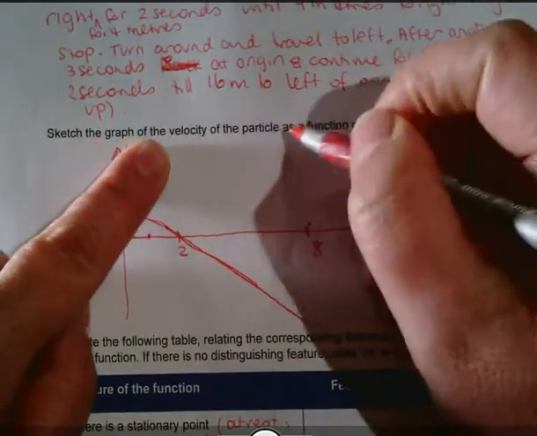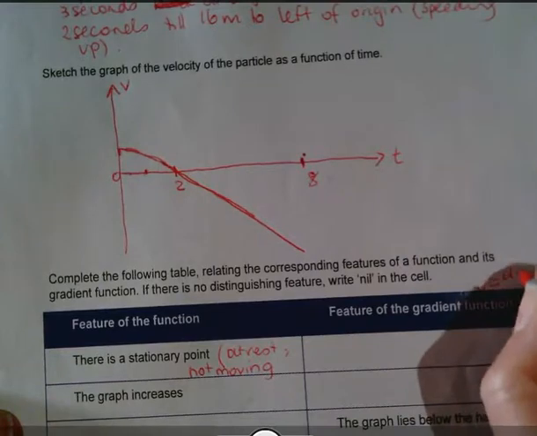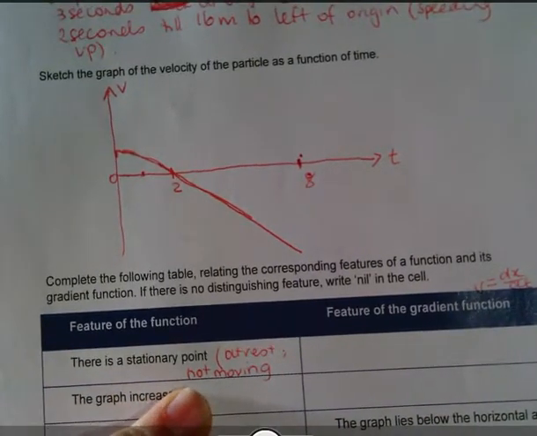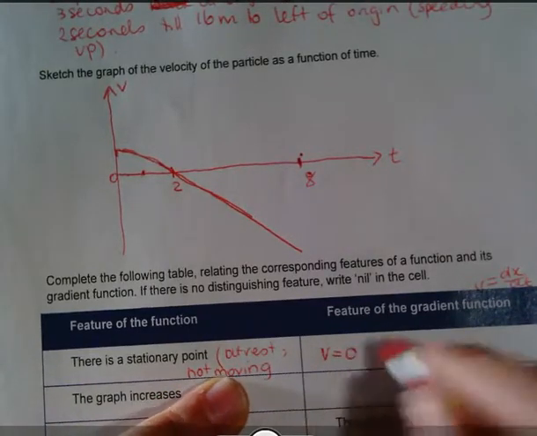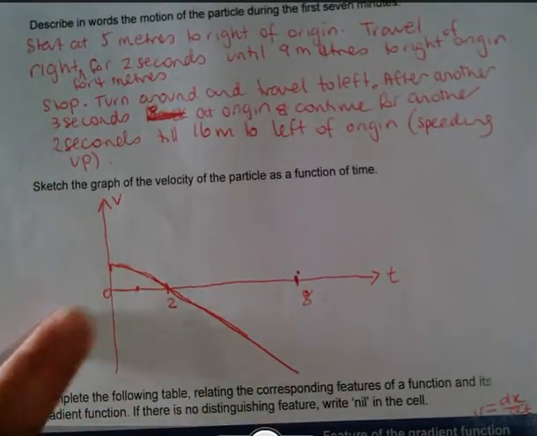The graph of the velocity is the gradient of the displacement function, okay? So the gradient function is the velocity, which is dx/dt. Now, if I've got a stationary point, or I've stopped moving, my velocity equals zero. So on my velocity versus time graph, I've got velocity at that particular time is zero.